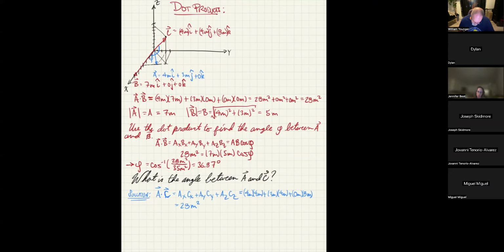16 plus 12. Okay. Now you guys compute the magnitude of A, which we already did actually. You go ahead and calculate the magnitude of C for me.